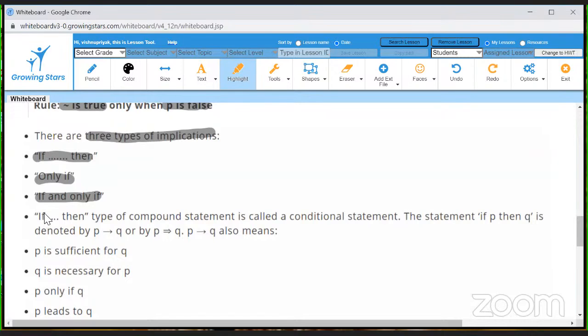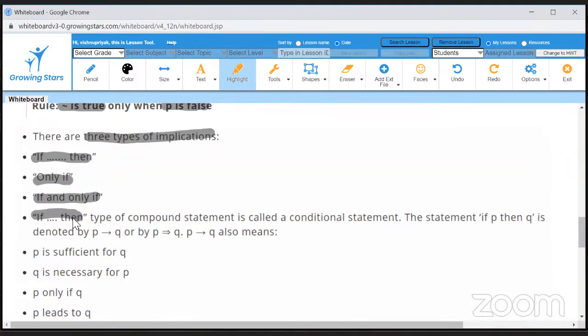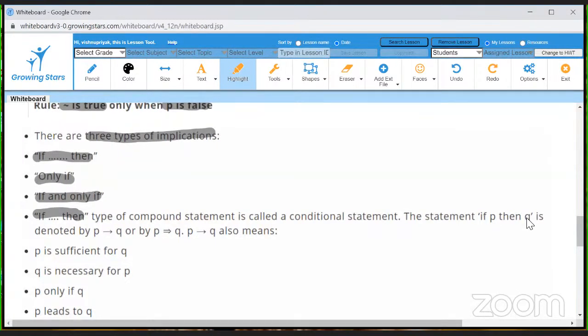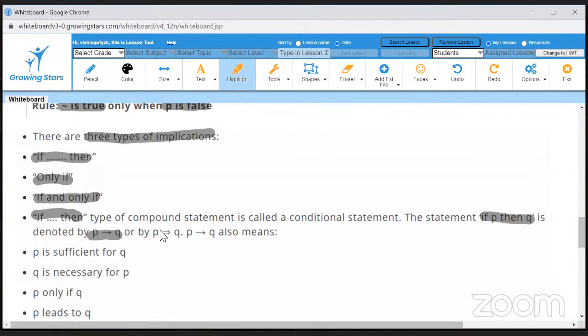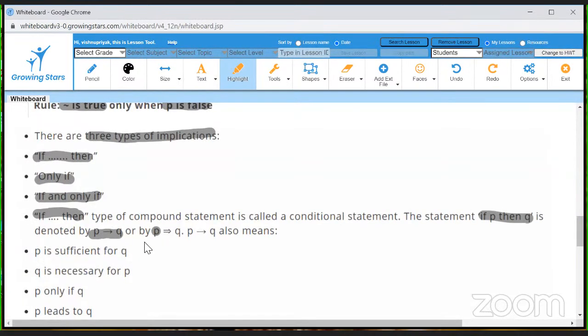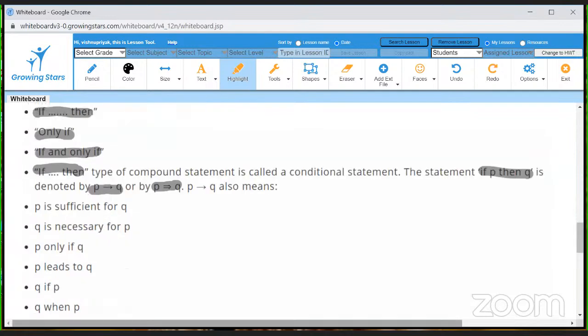What do you mean by if then? If P, then Q. That means P implies Q, like this or like this.